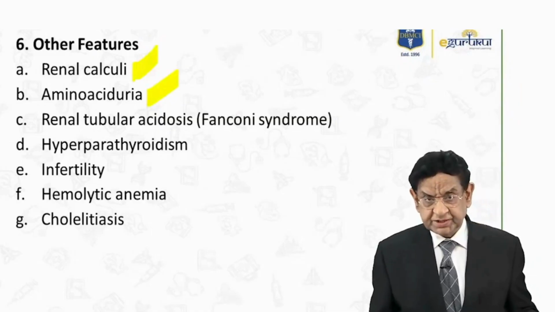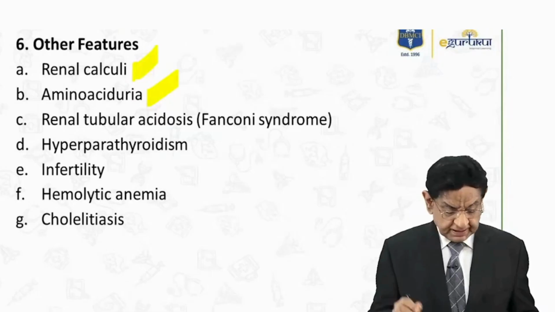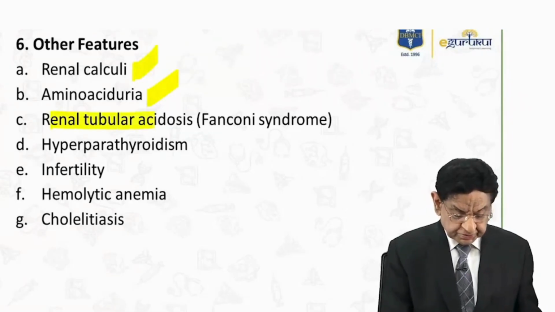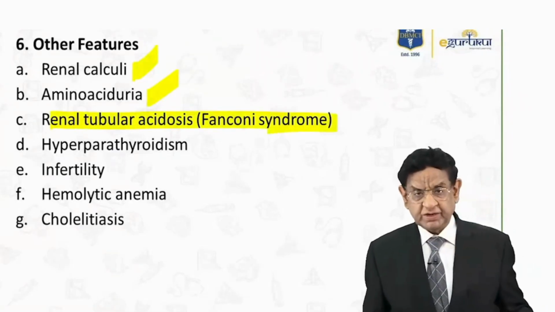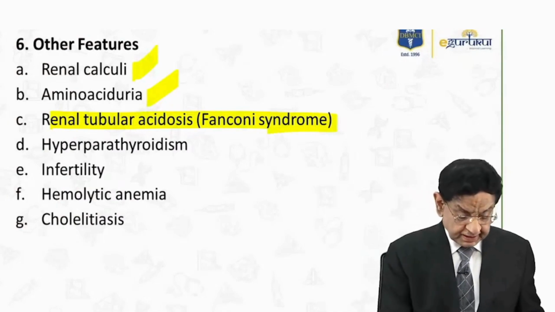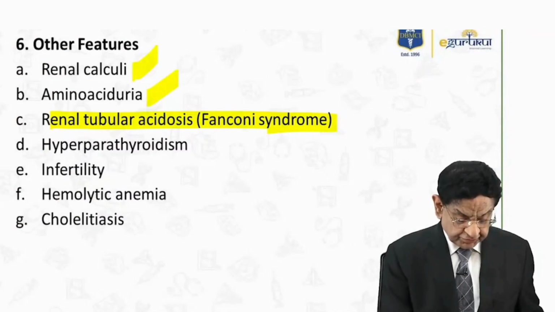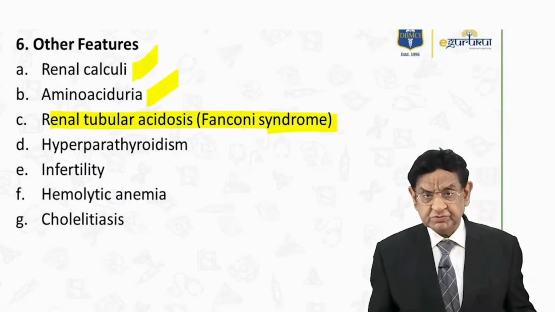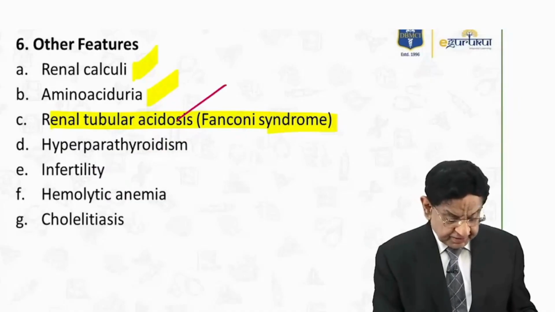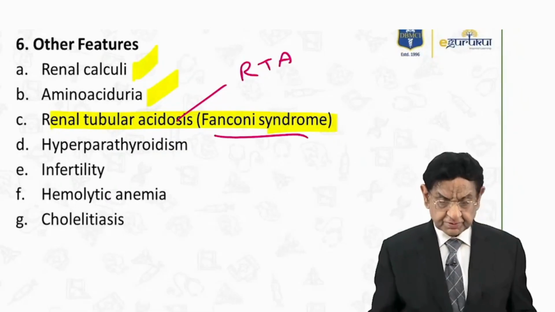Okay. Well, additional features that we can see in Wilson disease: renal calculi, aminoaciduria, and this is due to renal tubular acidosis, so-called Fanconi syndrome. And a simple question only for the students. We write RTA, renal tubular acidosis, Fanconi syndrome.